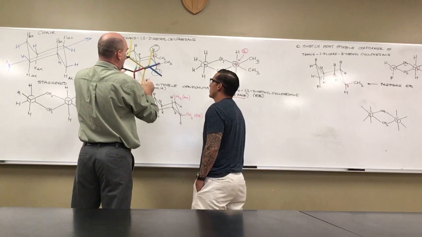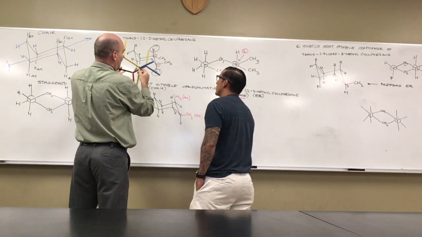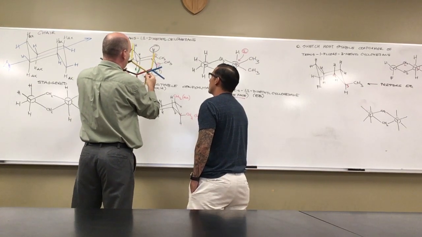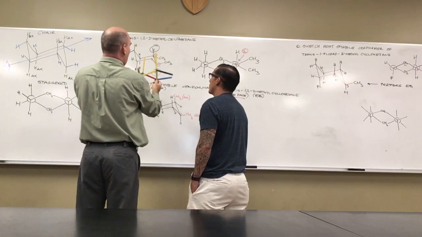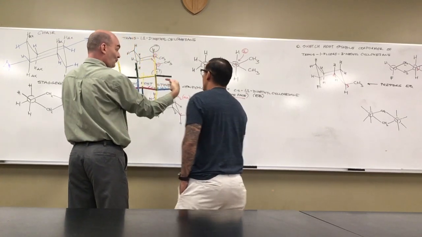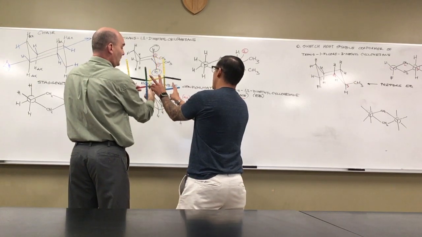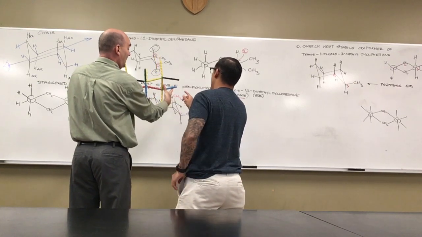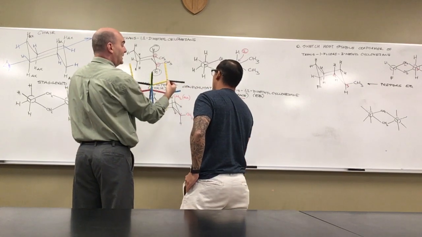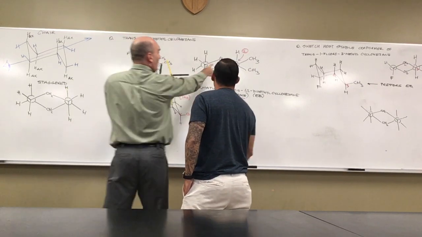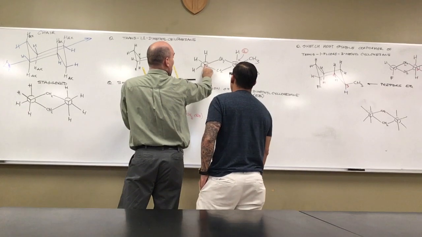Now, in order to show that as a Newman projection, I'm just going to twist my perspective to look at it this way. So you look straight down the middle. That's carbon number 1, carbon number 2. I've got my Y here, I've got my Y here, and the CH2 of methylene up top. These meet in the middle.